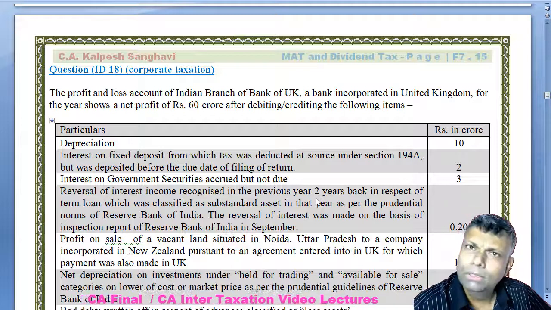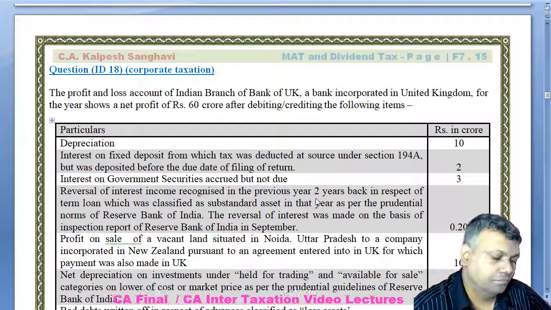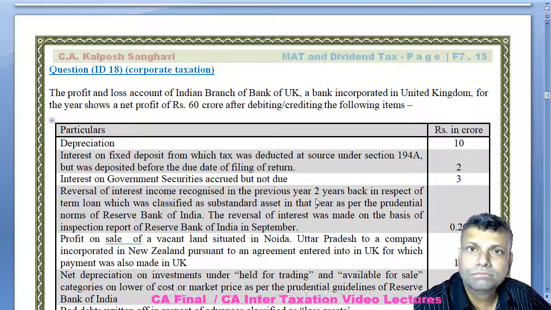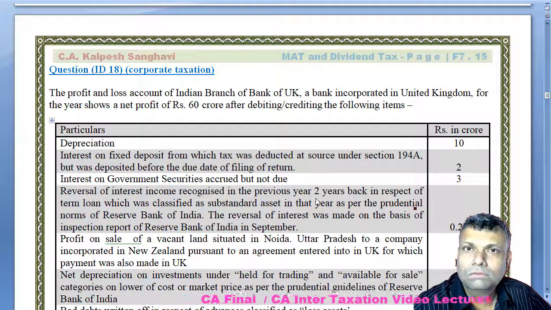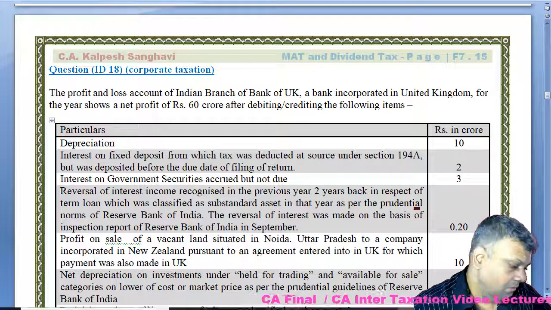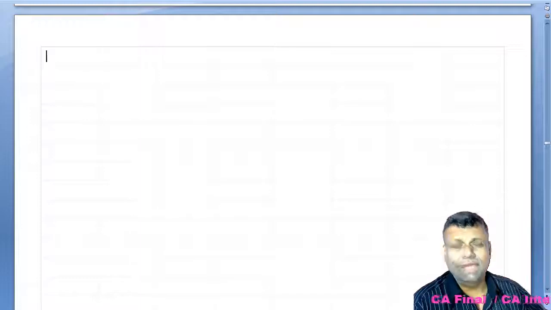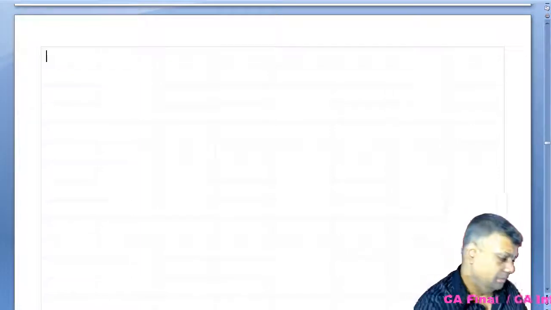Open your book, material. Let me also open up my book, but I will not start solving right now. I want to take a very handsome amount of time, and I want to solve it like a pro.